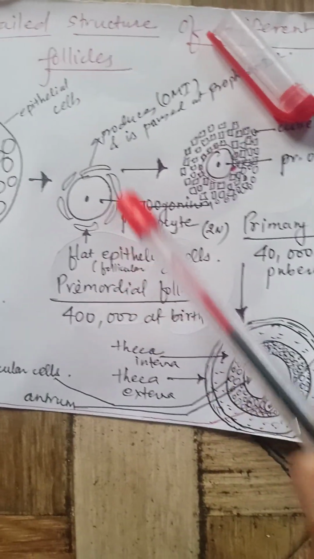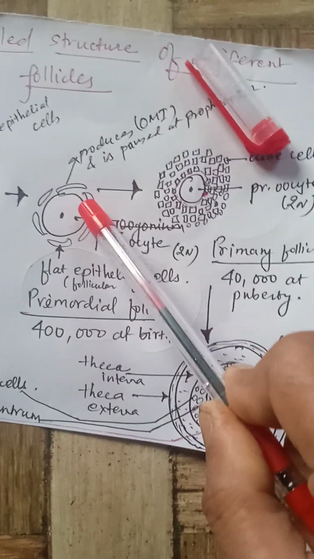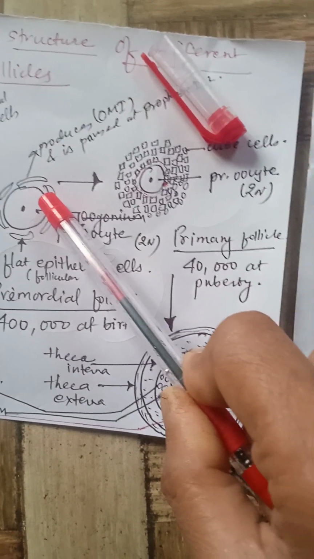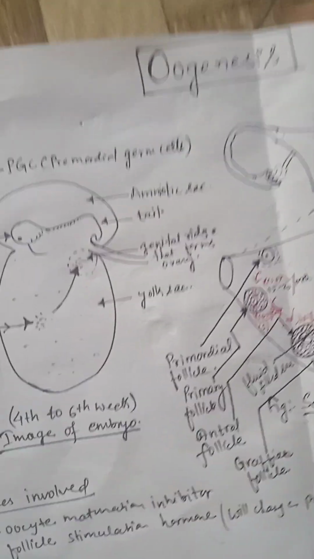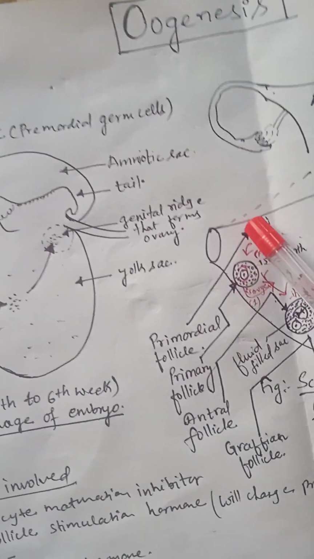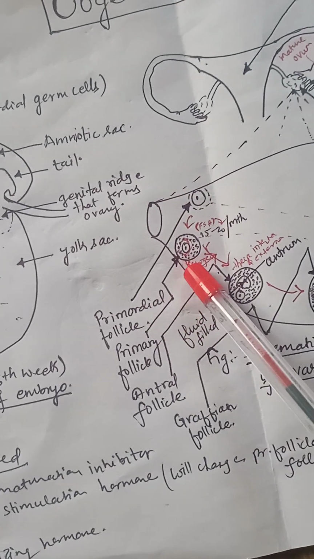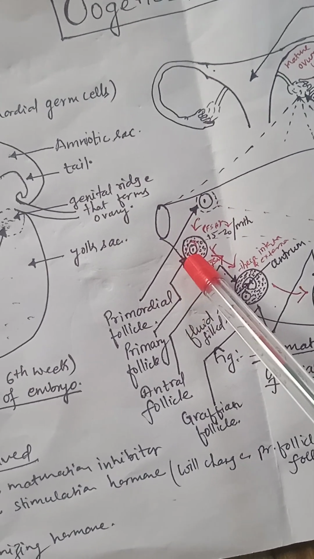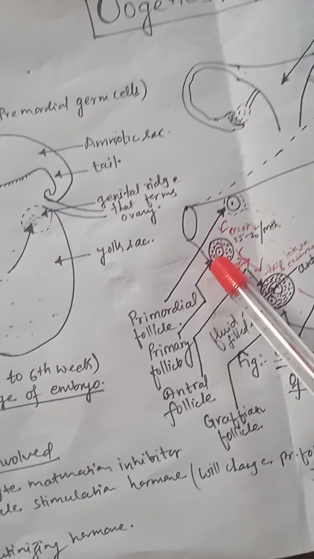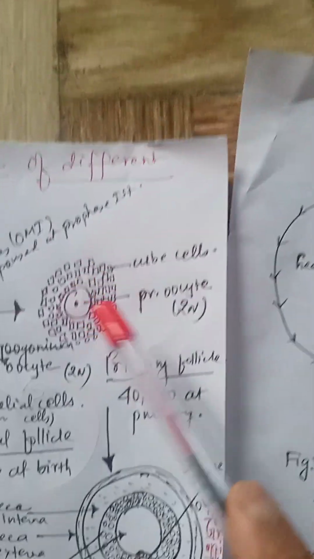So right at birth, the primary oocyte was in this form inside the primordial follicle here, and right at the puberty stage, this primordial follicle will be converted into, sorry, a primary follicle. Let us see the detailed structure. So this is the detailed structure of the primary follicle.